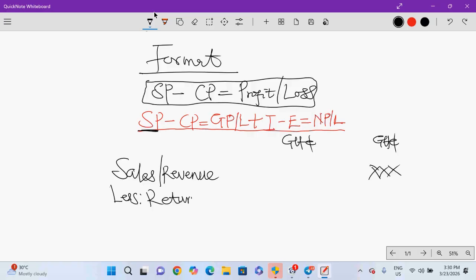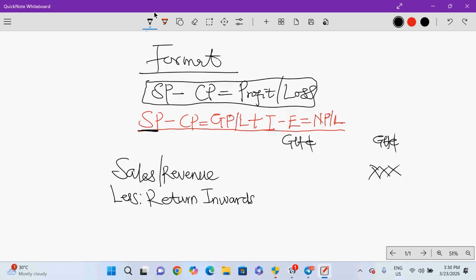So that is our less return inwards. So here, I always say that once you are doing accounting, you put yourself in the shoes of the business, that you, the one solving the question, is the business. Once you think that you are not the business, then you might enter opposite transactions, right?